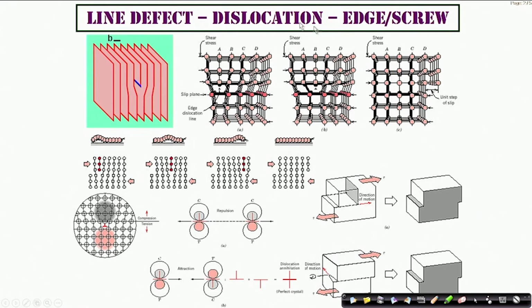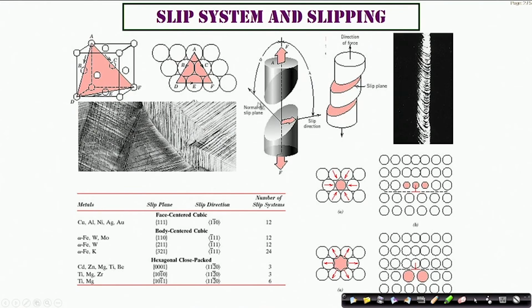So essentially we have line defects, either as edge or screw. These dislocations are very, very important because they account for the deformation or shape change of all crystalline solids, particularly the metallic crystals, because deformation using such line defects is energetically always more favorable.